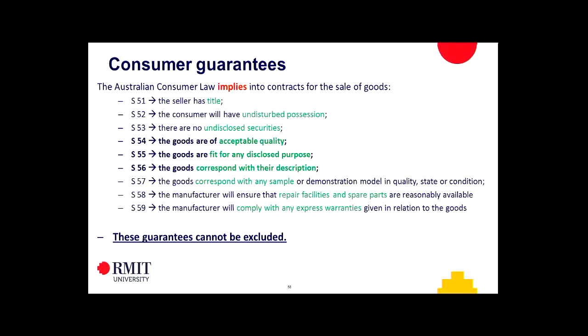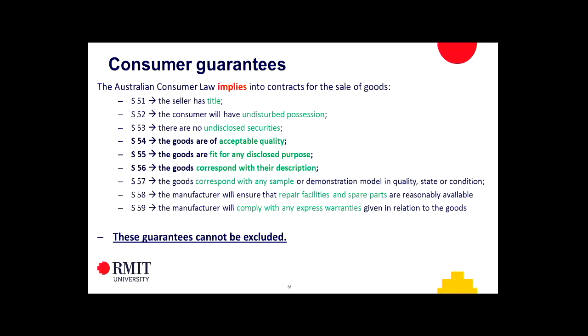The other one is the goods must be fit for a disclosed purpose. So this can be implied. So the mobile phone, it's implied that it should be portable and you should be able to make calls. But you may also explain a specific purpose that you'll be using that good for in your transaction.